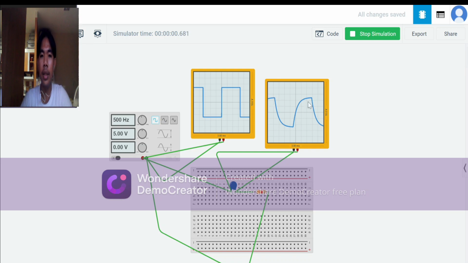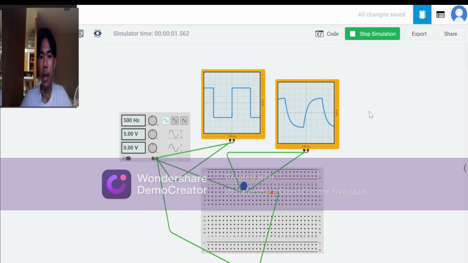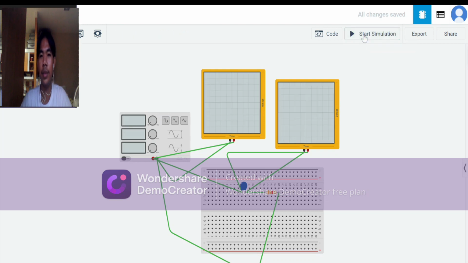This increment is the charging region, and this decrement is the discharging region, and you can count this to find the time per division or the time constant of the charging and discharging period of the capacitor. And thank you. This is the end of the simulation. I stop now.